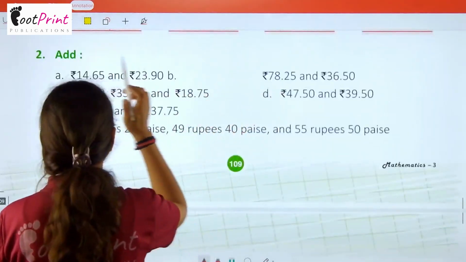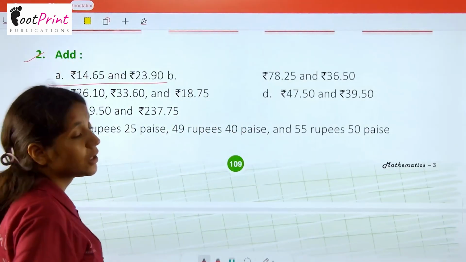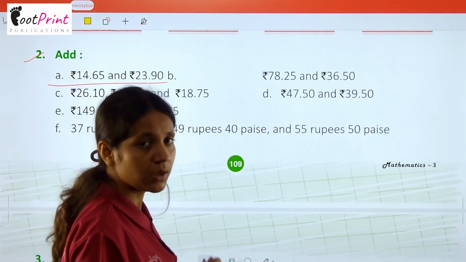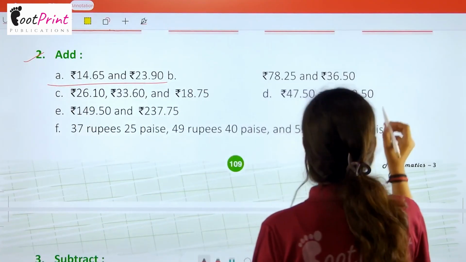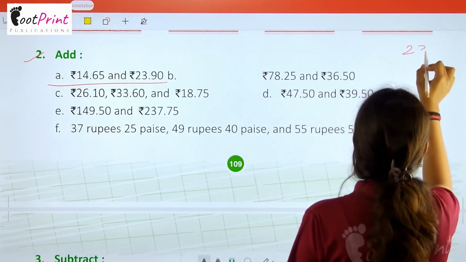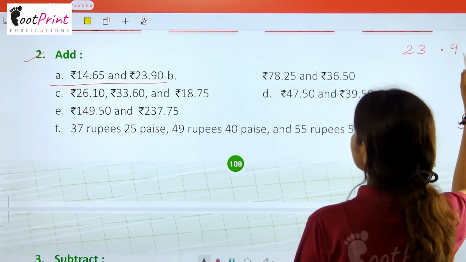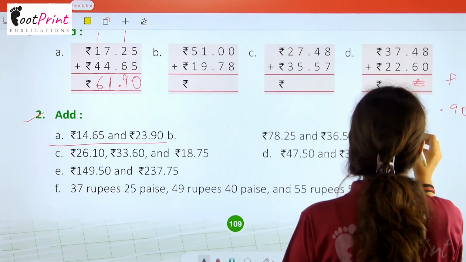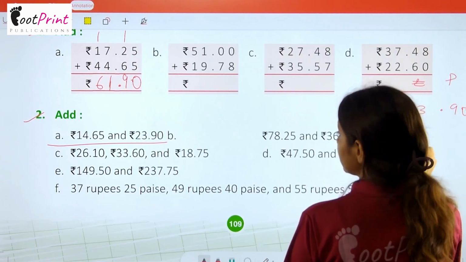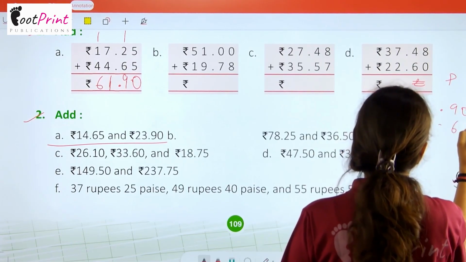Then we have question number 2. Here we have to prepare a column firstly, then we have to put the values and get the answer by calculating. So here we are writing 23.90 paise, and this is rupees. Okay, and adding 14.65.